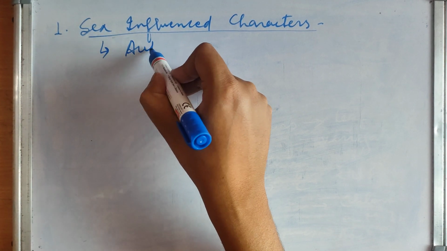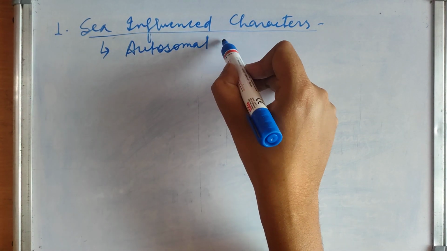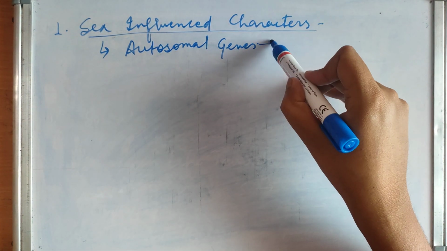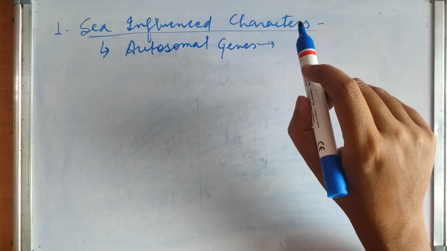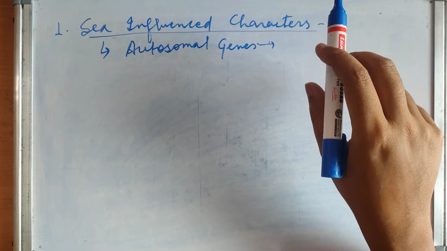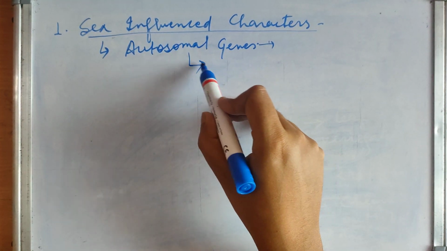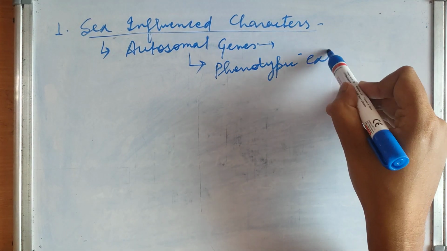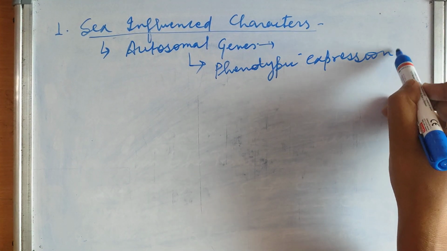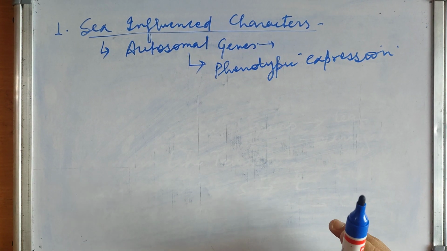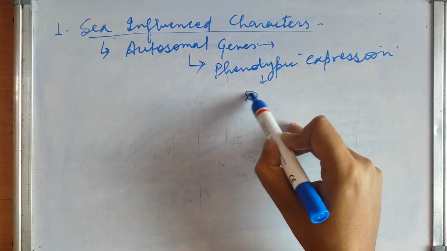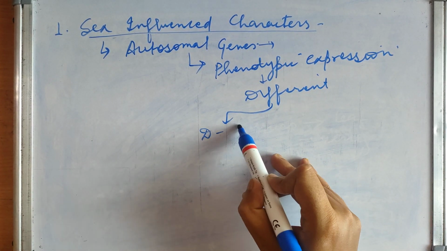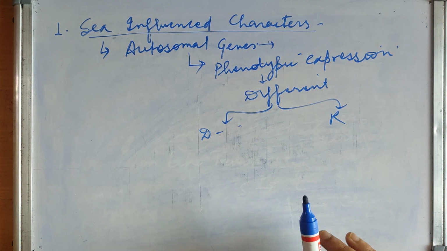Sex influenced characters are autosomal genes, that is on any chromosome other than sex chromosome, present in both male and female, whose phenotypic expression is different in different sexes. They act as dominant in one sex and recessive in the other sex.